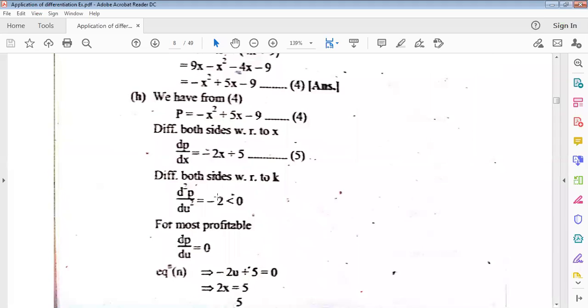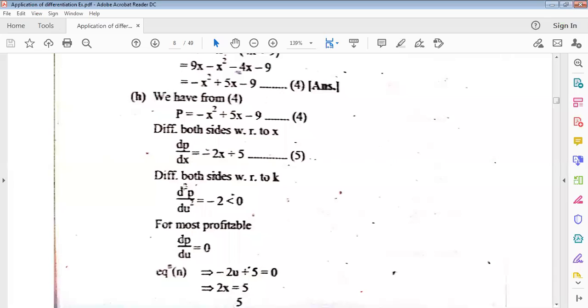If the double differentiation or second derivative of that function is negative, then what will it be? Maximum. The profit is maximum. If negative, maximum. If positive, then minimum. Remember this condition. This is the test of whether it will be maximum or minimum.